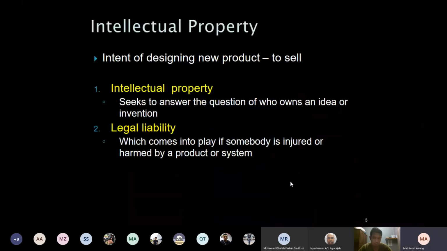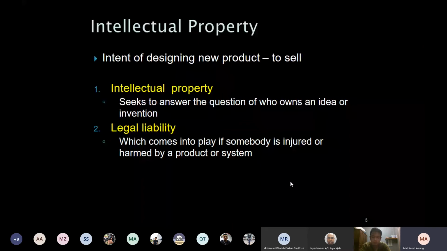The intent of designing a new product is to sell. Basically, when you design a new product, you want to sell those products. So intellectual property seeks to answer the question: who owns the idea or the invention? The issue of legal liability comes into play if somebody is injured or harmed by a product or system.